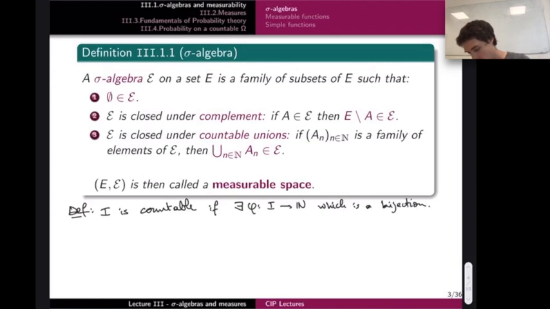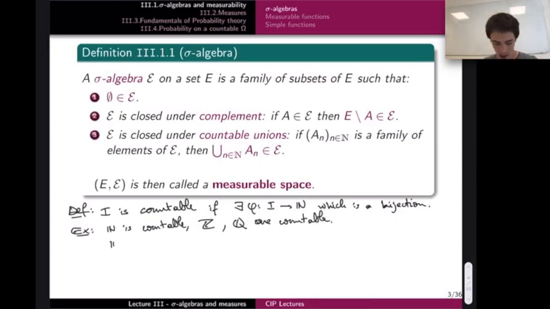So this is countability. For example, N, of course, is countable. Perhaps you know also that Z is countable, Q is countable. And R is not countable.